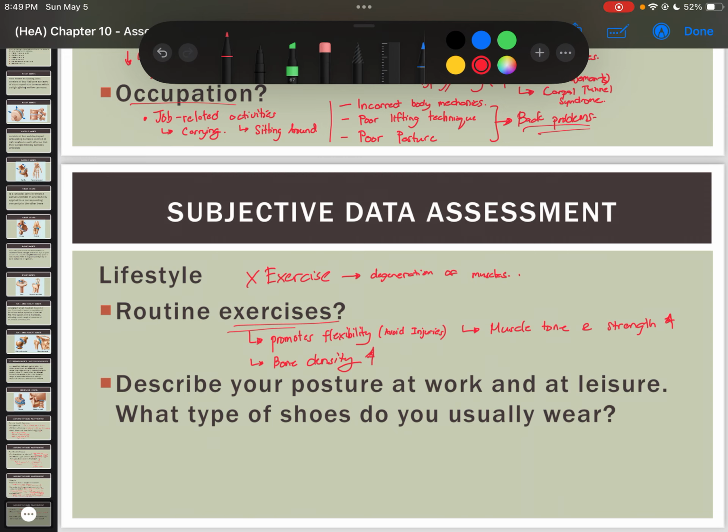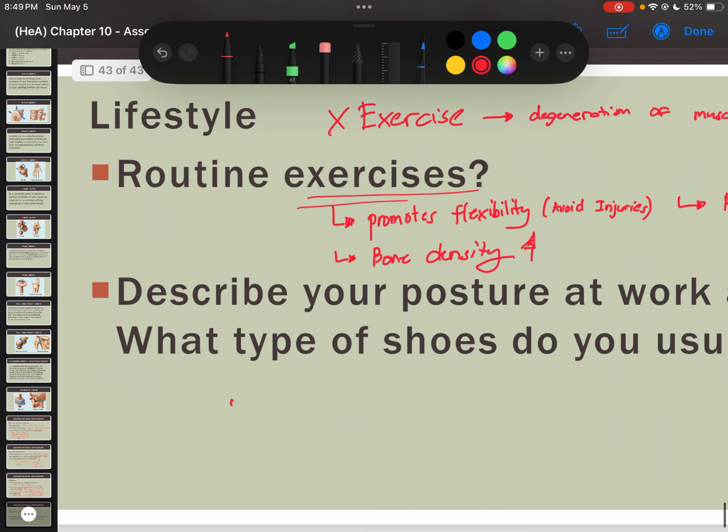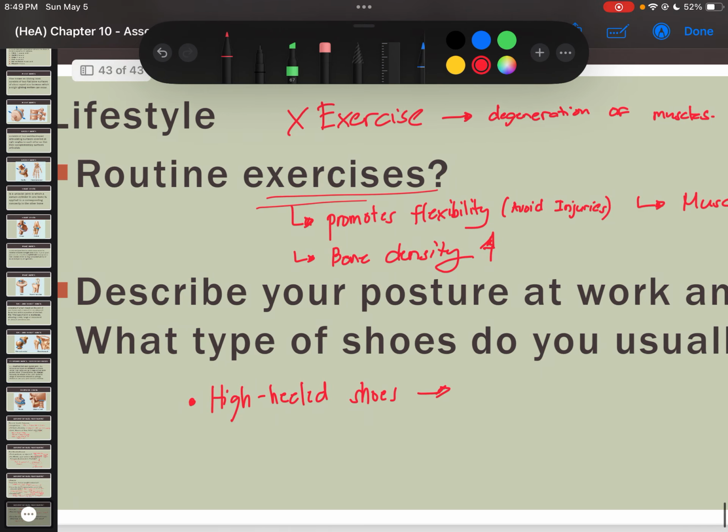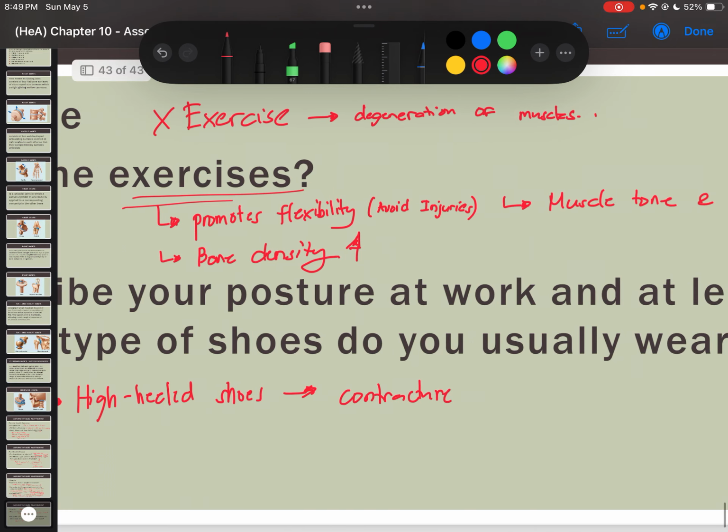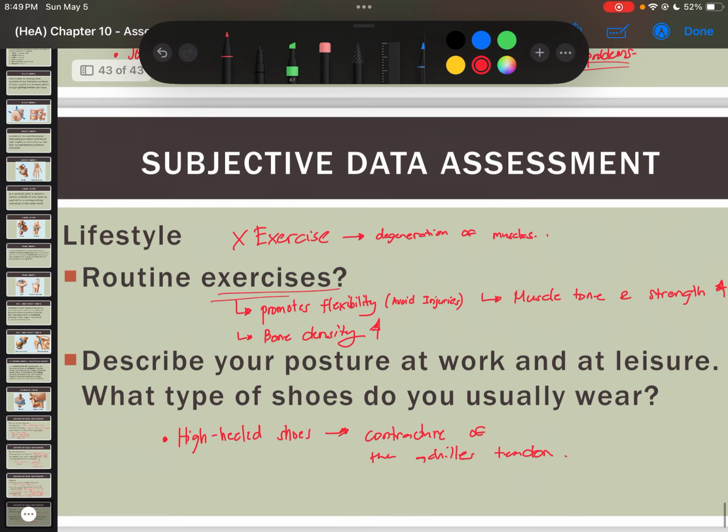Let's write it here. If you constantly wear high-heeled shoes, it could put you at risk for contracture of the Achilles tendon.